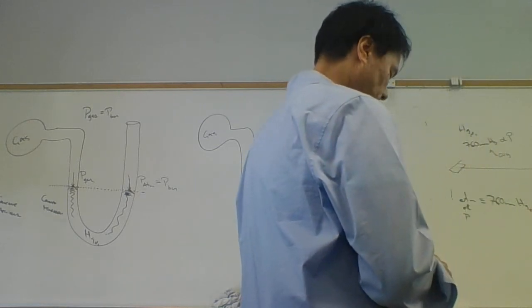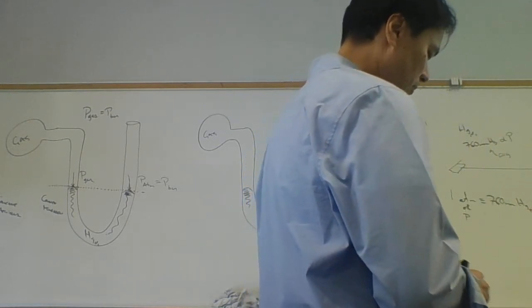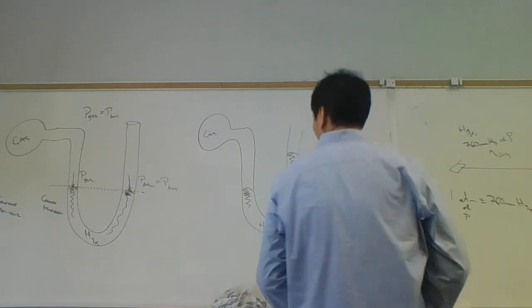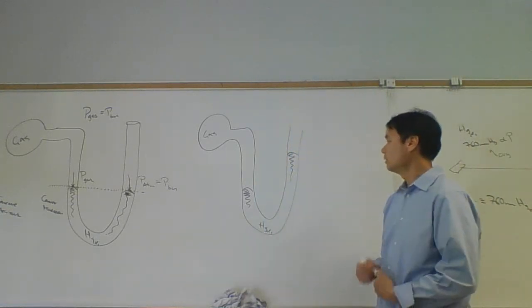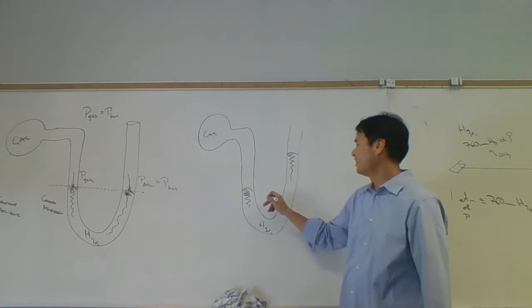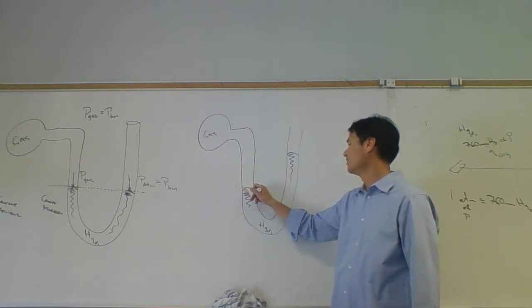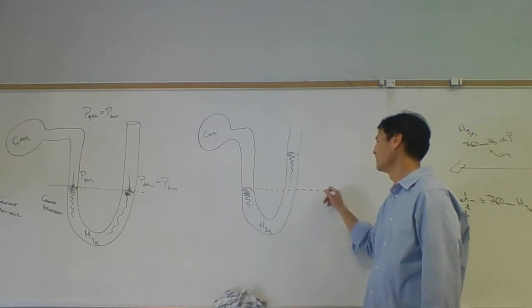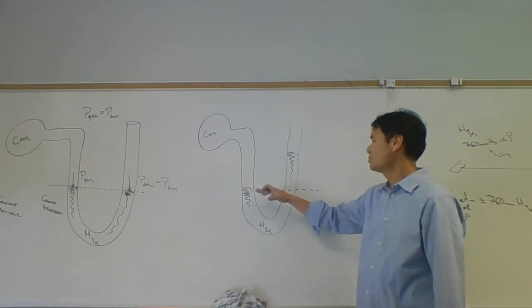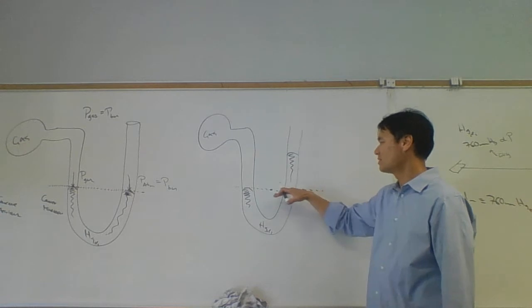So, the exact same thing, except put water in there. Okay, what we're going to do is we're going to look at the balance here, and we pick the lower level here. So this is the lower level. At this point, the balance is balanced.